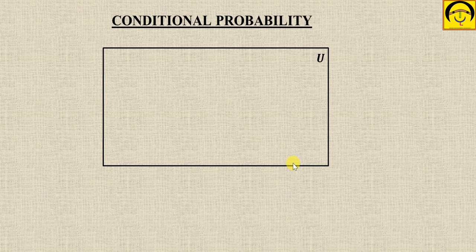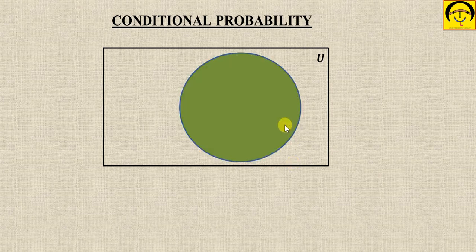So you can see this is the universal set, the complete universal set, and suppose I'm saying that a certain event has happened, and I name this event B, and its probability is P(B).